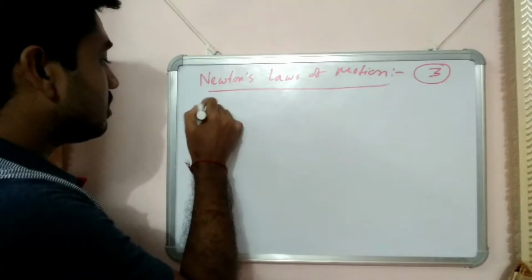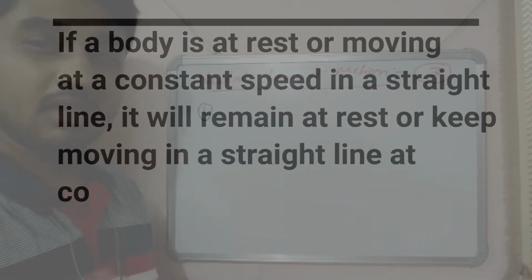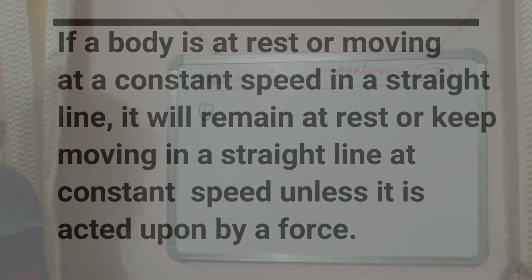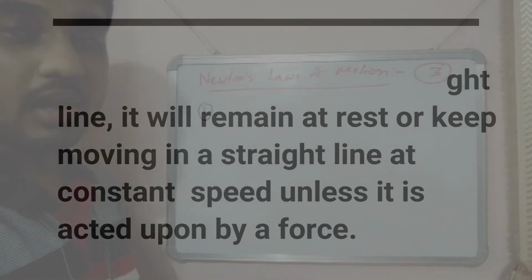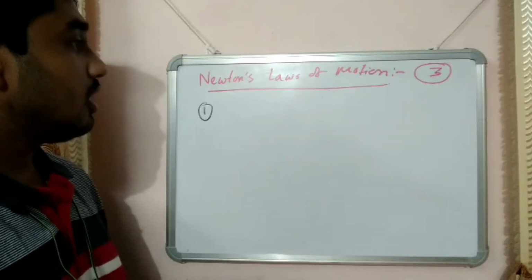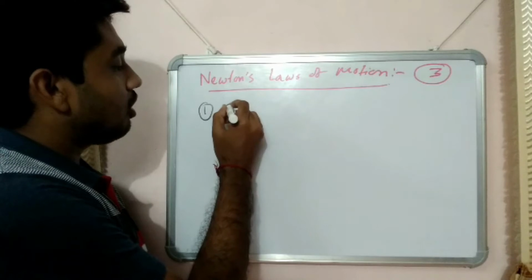The first law is: every body will remain in its state of rest or of motion unless acted upon by an external force. This is generally known as the law of inertia.